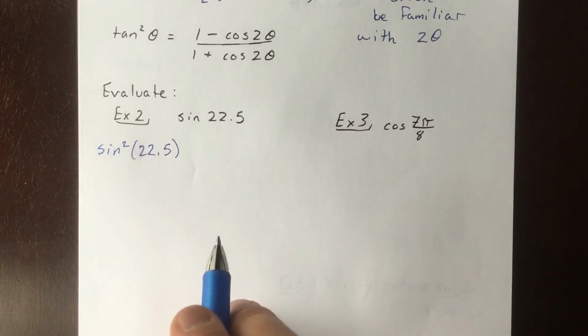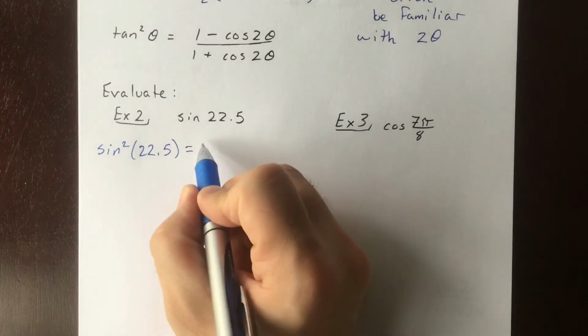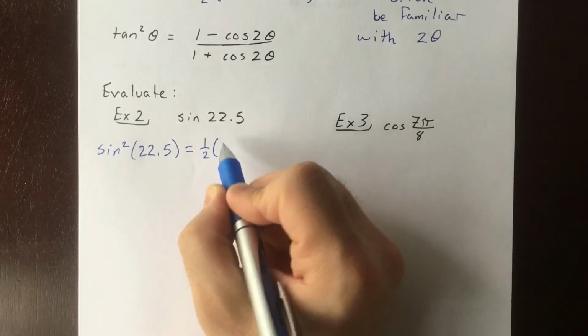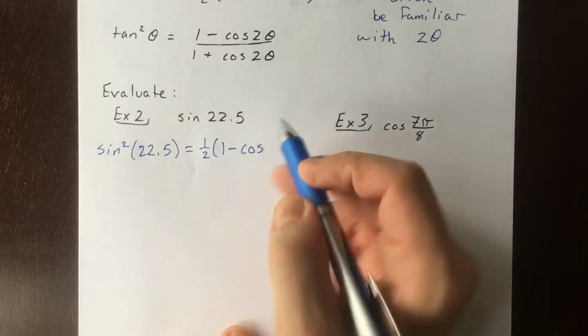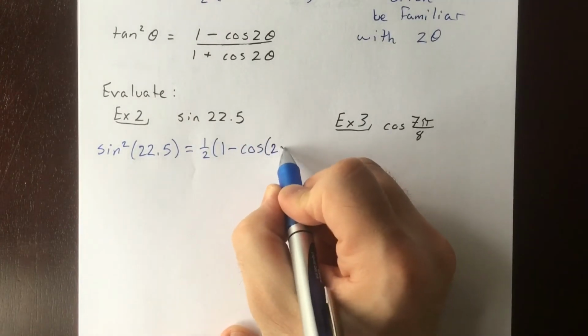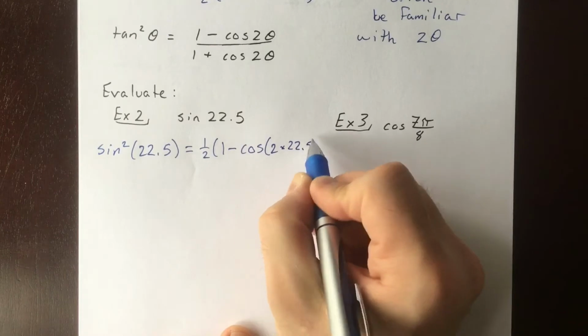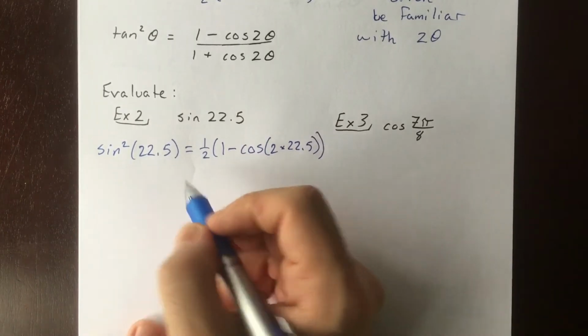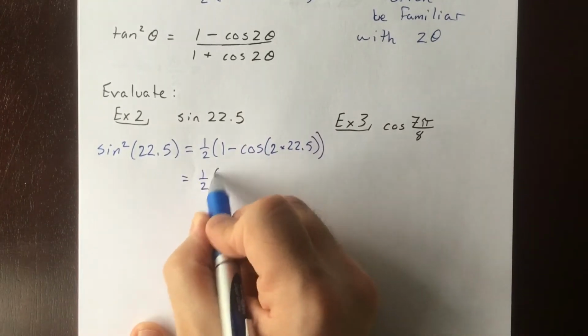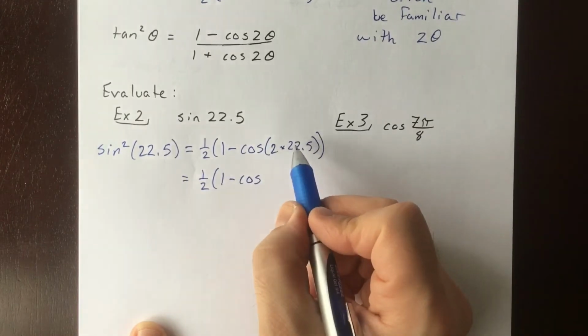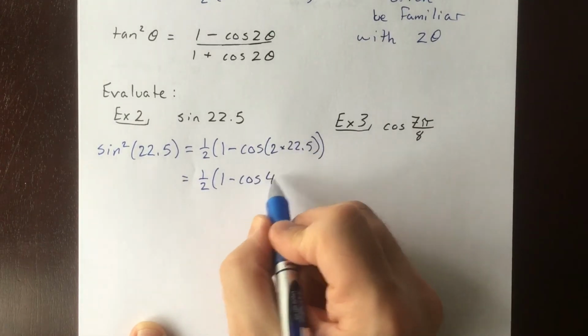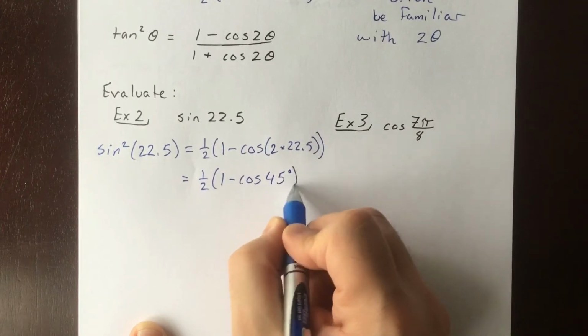That's not bad. 1/2 of 1 minus cosine of 2 theta. If I multiply 22.5 by 2, I get 45. And this is exactly what I needed. I needed an angle that I could work with.